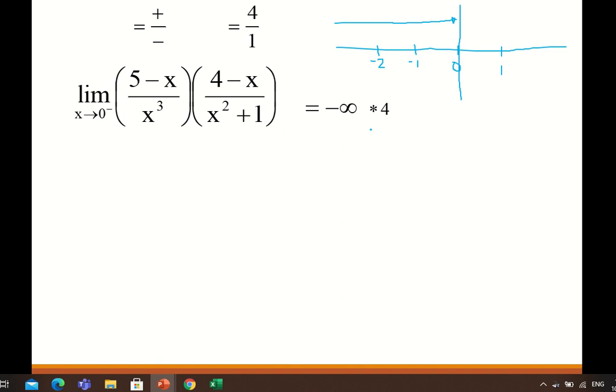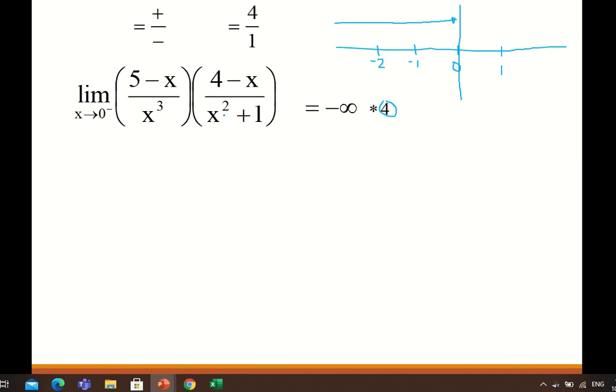So that's why we have here 4. The 4 here is just an approximation of what we obtained when you substitute the value of x that is very close to 0. So 4 minus a negative number closer to 0 is almost 4 also.